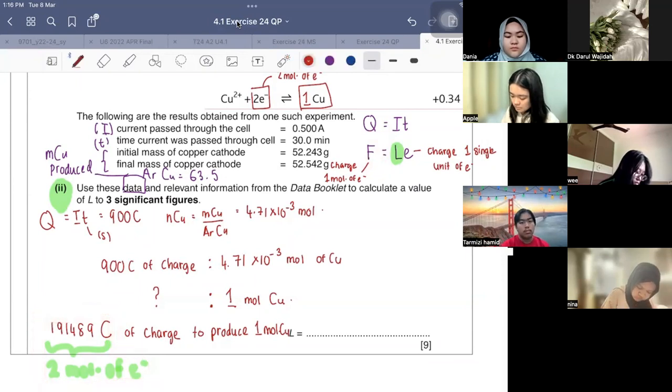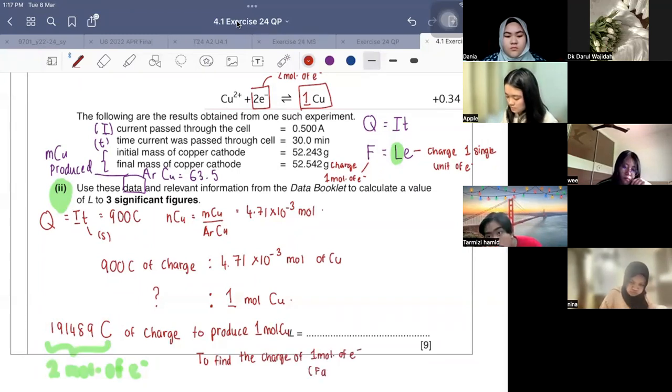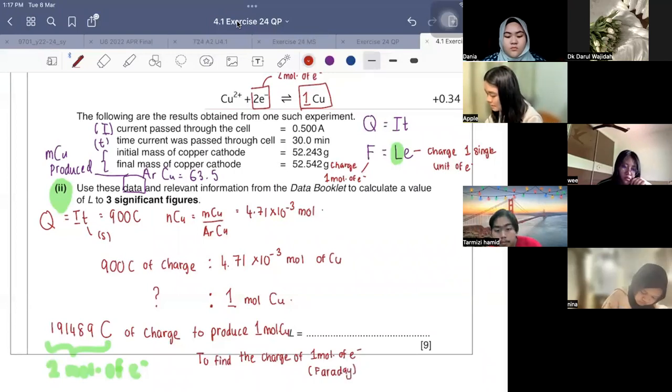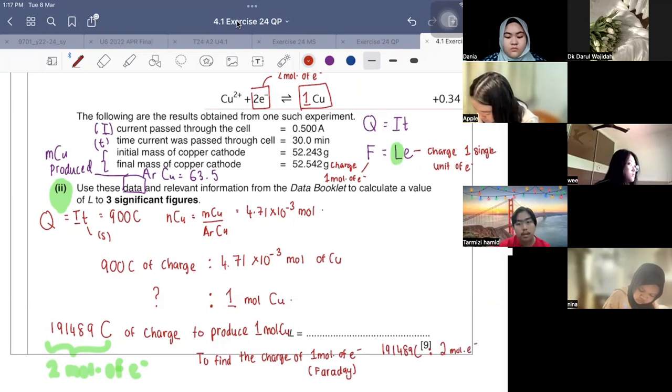So to find the charge of 1 mole of electrons, which is what your Faraday constant is, you have to do this. 191,489 coulombs is associated with 2 moles of electrons.